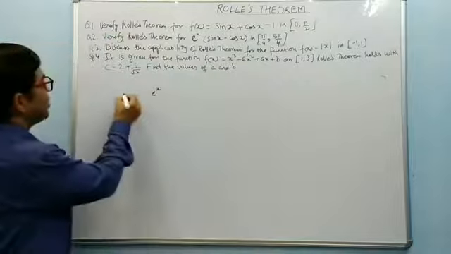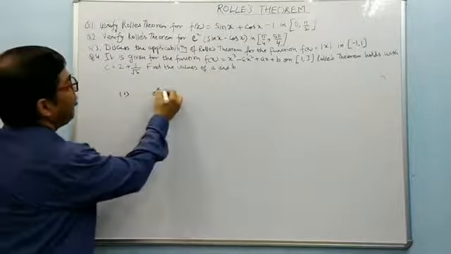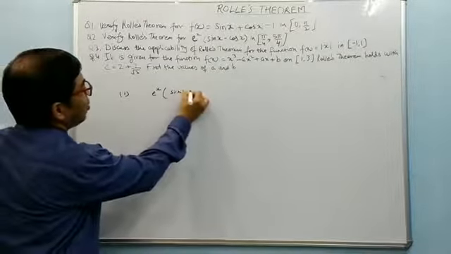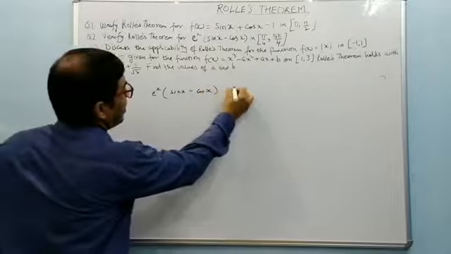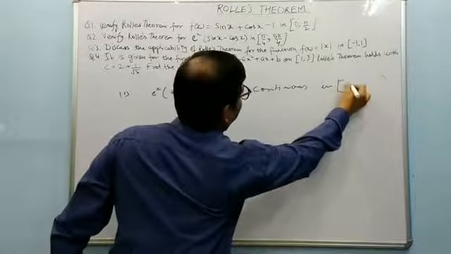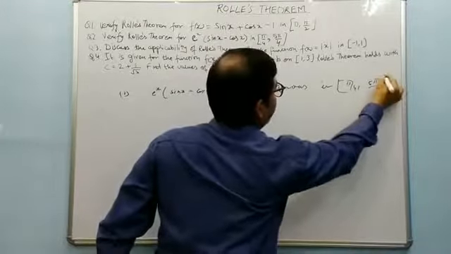You need to just write it is continuous in the given interval, that is e to the power x (sin x minus cos x) is continuous in the given interval pi by 4 to 5 pi by 4, a closed interval.